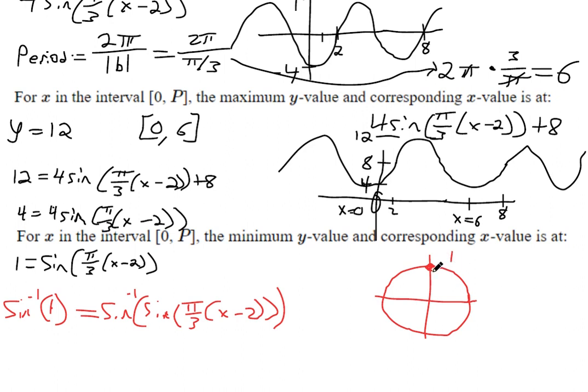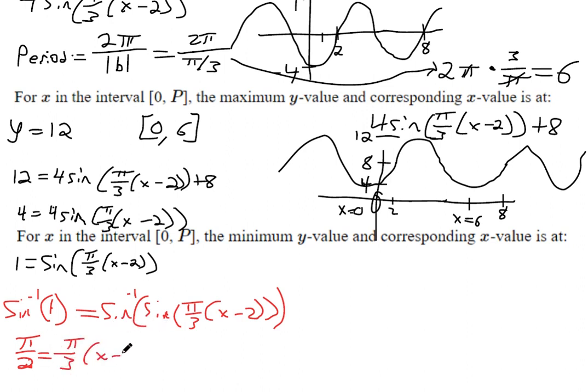Y equals 1 is right up here. So the inverse sine of 1 in radians is pi over 2. In degrees, that's a 90-degree rotation. And you can use your calculator for that too, that's fine. But we have pi given to us, so it's assumed that this problem is in radians. And so inverse sine of sine cancels out, leaves us with pi over 3, x minus 2.